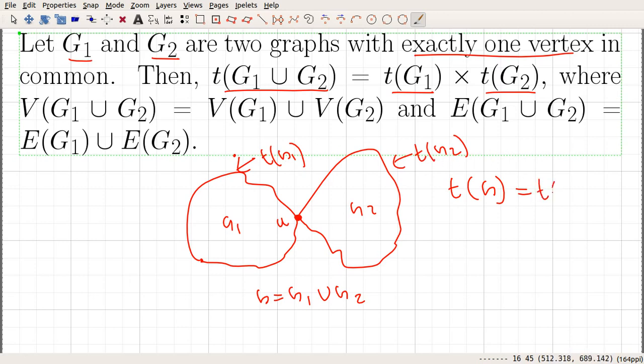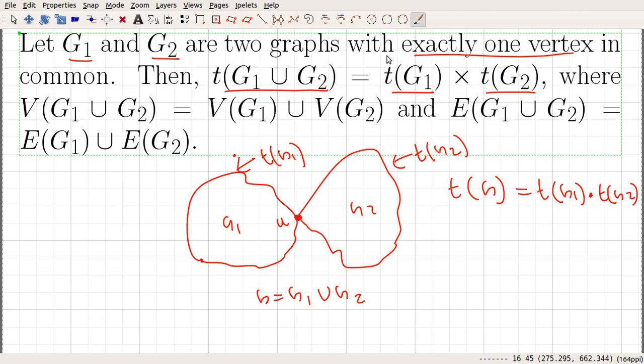So that will be equal to T of G1 times T of G2. So that's how we are going to use this statement to find the number of spanning trees. Here the thing is that these two graphs should have exactly one vertex in common.